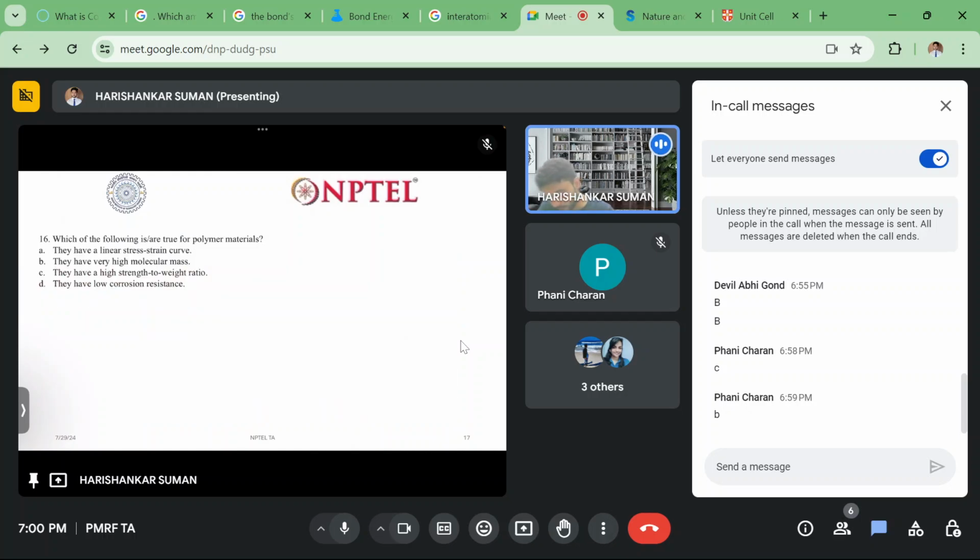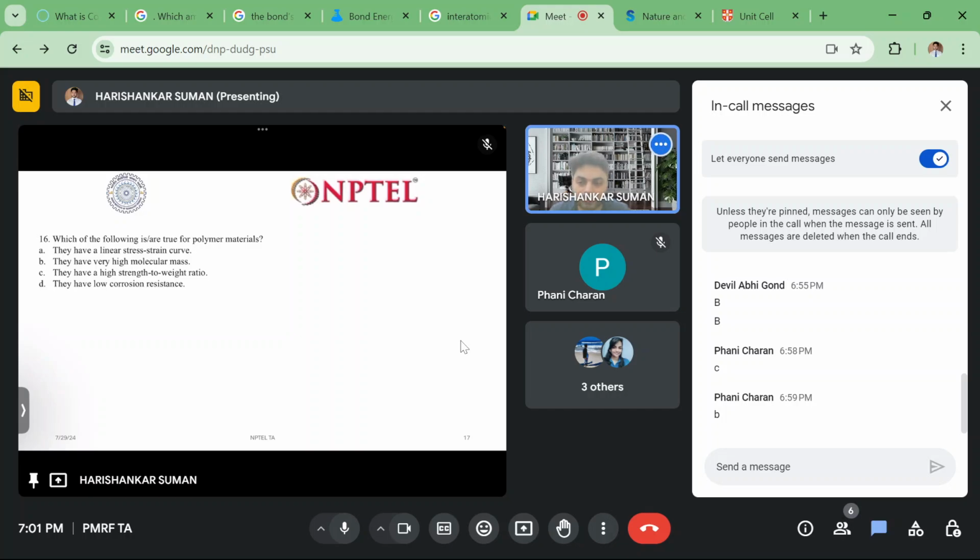Okay, next question. Which of the following are true about polymer materials? They have a linear stress strain curve. They have very high molecular mass. They have a high strength to weight ratio. They have low corrosion resistance. Polymer.